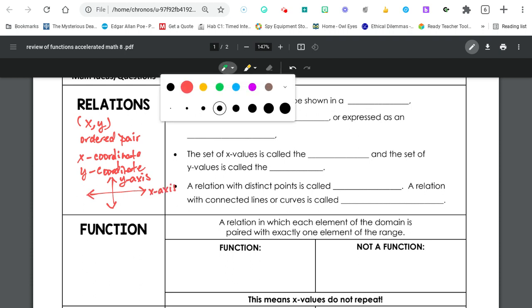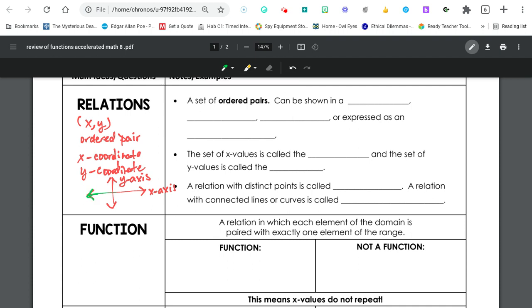Let me color code these. The x coordinate is how far you go left or right. You can plot your x coordinate by going left or right from 0, which is your origin here in the middle. And the y coordinate is how far you go up or down from 0, or from that point from your x.